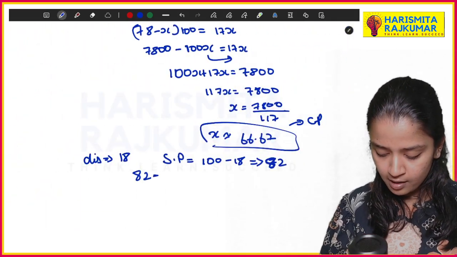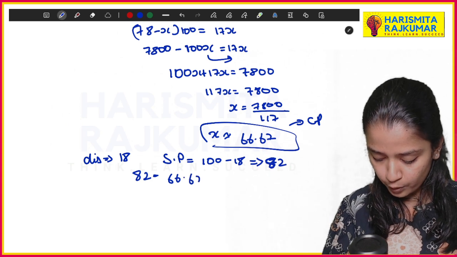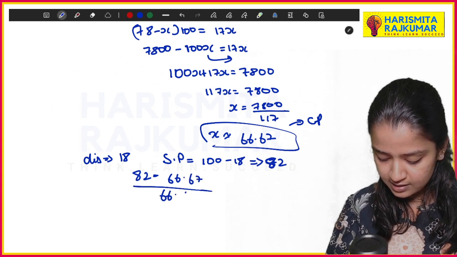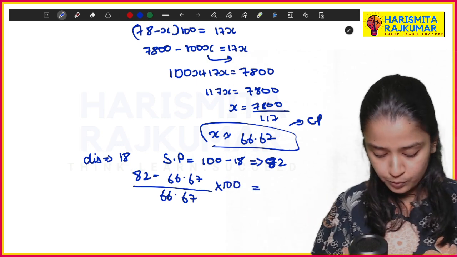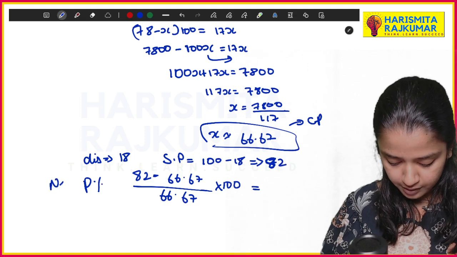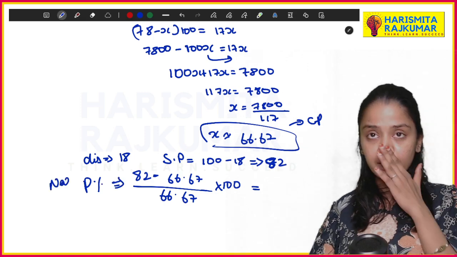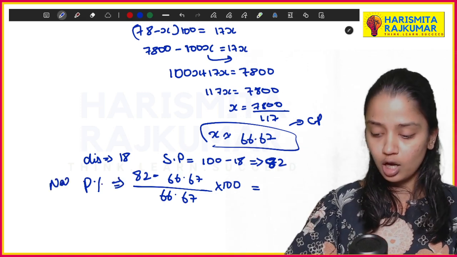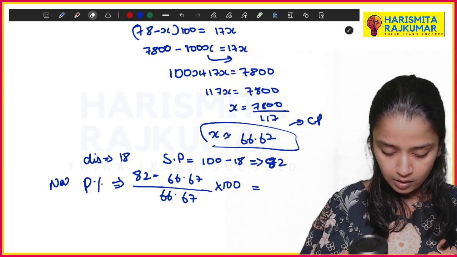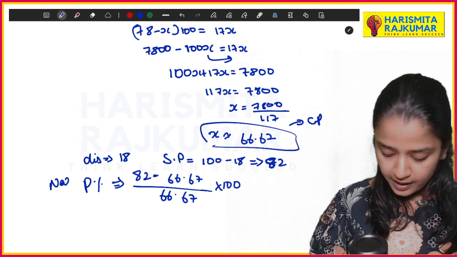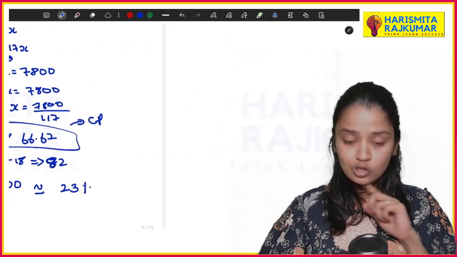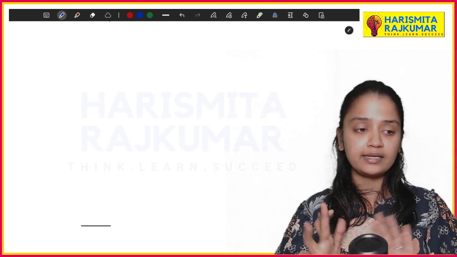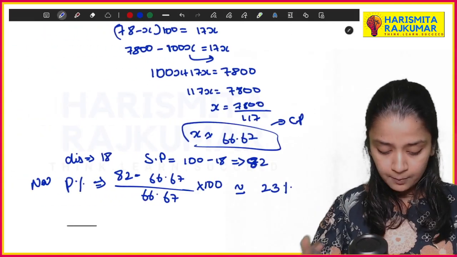So (82 minus 66.67) by 66.67 into 100 gives the new profit percentage. When I solve it, I approximately get 23%.